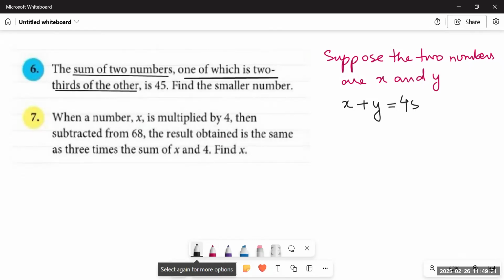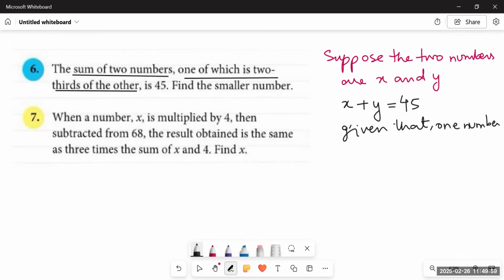So we can say x plus y is equal to 45, in which one of the numbers is x, the other one is y. Now let's see what this parenthesis is telling us: one of which is 2/3 of the other.